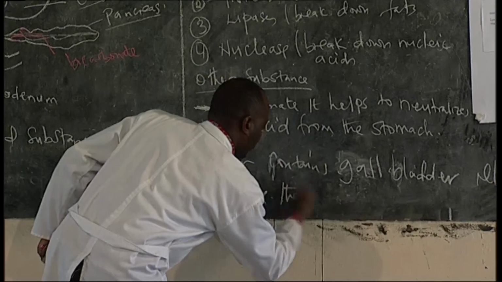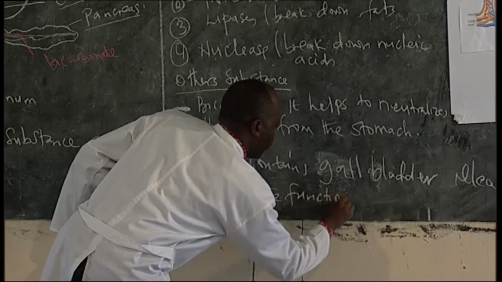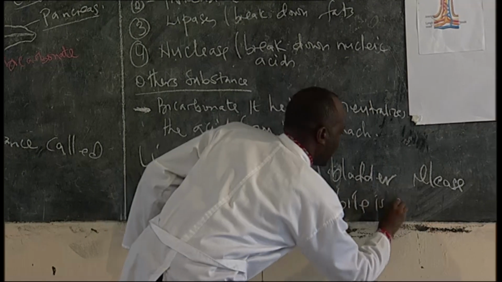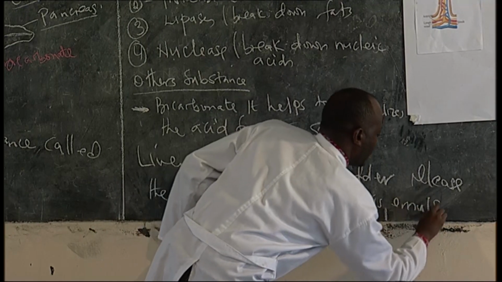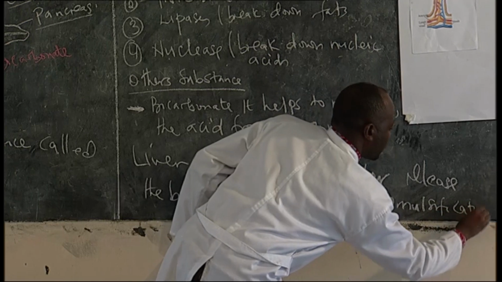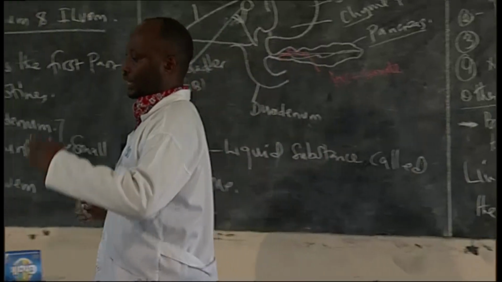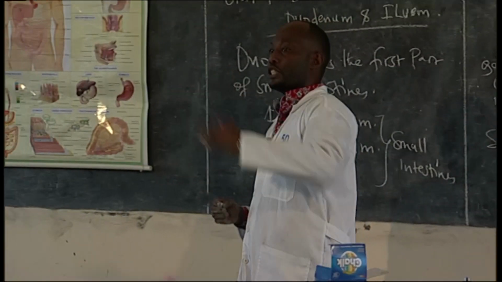The function of bile is emulsification. Emulsification means breaking down large droplets of fats into small droplets of fats so that they can be dissolved in water.